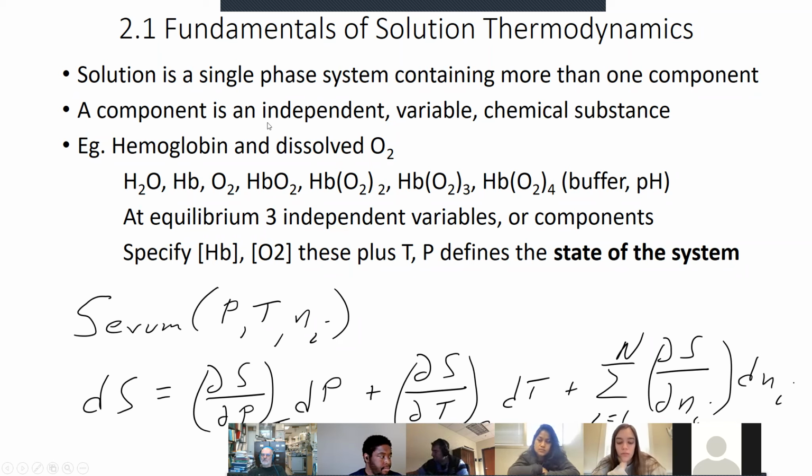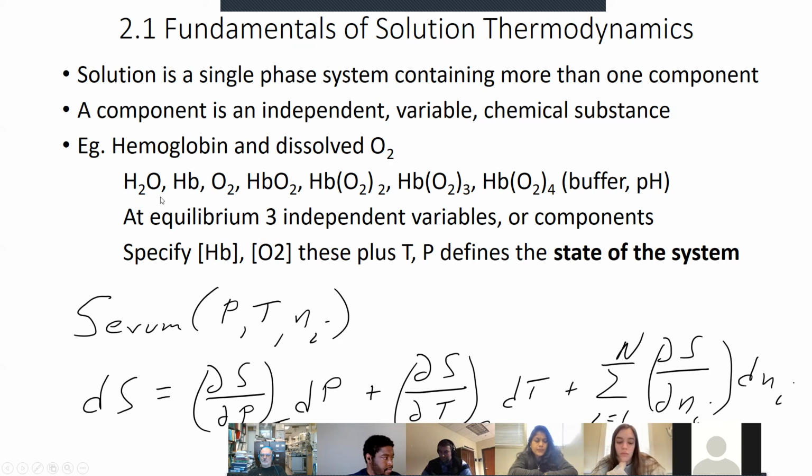And a component is basically an independent variable chemical substance. What that really means is I can add a component to a solution and I can account for it. I can use it in some kind of reaction and I can say, this is the concentration of this component. Even when that reaction produces many species. So the example that they give is hemoglobin and oxygen.